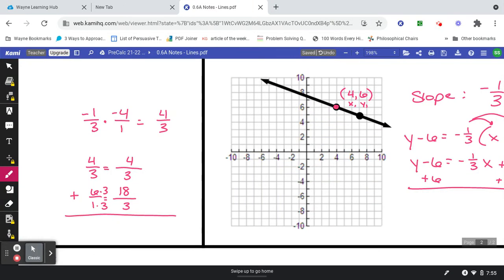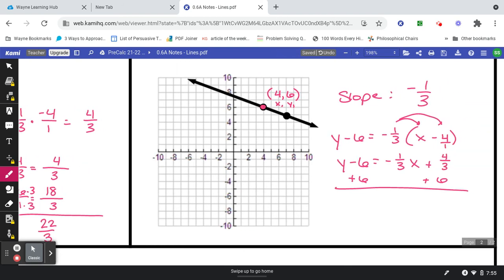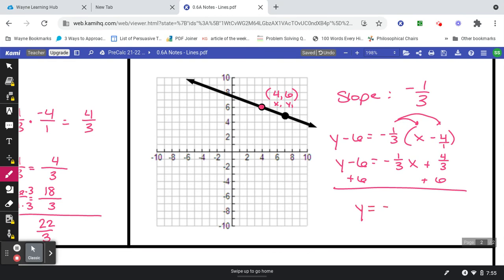And then add the numerators together to make 22. Always keep the denominator the same when we're adding or subtracting. So 22 over 3. Y equals negative 1/3 x plus 22 over 3. And 22 divided by 3 in your calculator is 7.3 repeating. So that's why it ends up going right there between the 7 and the 8, because that's actually 7.3. All right, that's it.